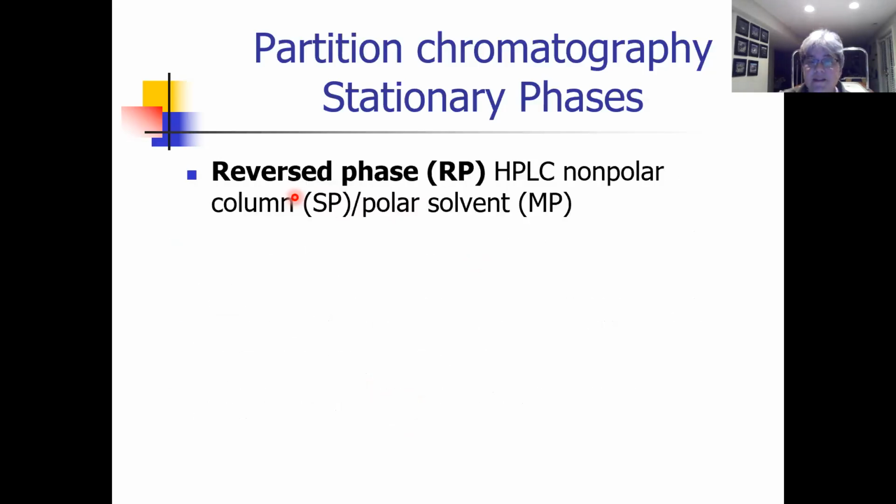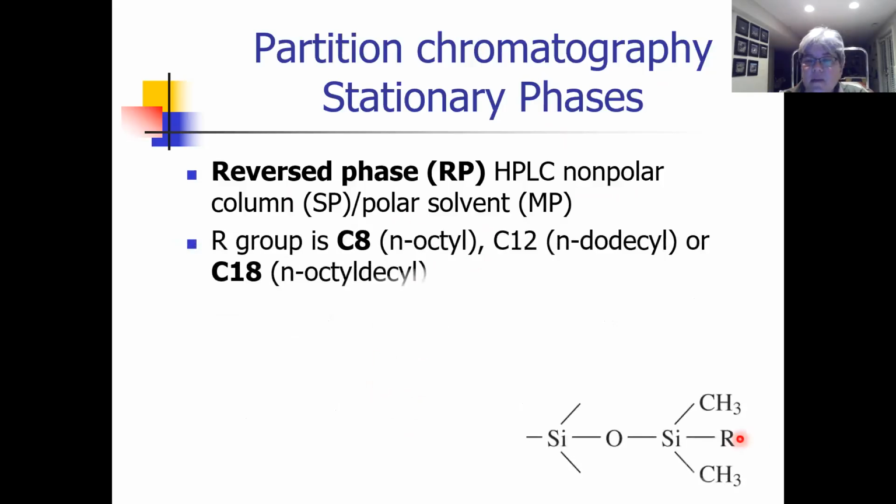Okay, the other kind is called reverse, and it's just the reverse of this. So here now, the column will be nonpolar, and the mobile phase will be polar. So here, these R groups will usually be carbon chains, like C8, which is called octyl, C12, dodecyl, C18, octadecyl.